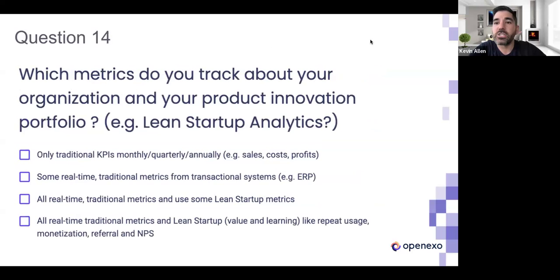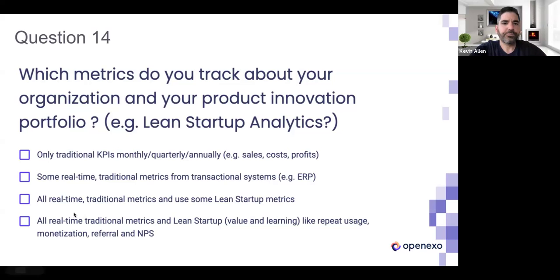We then have question 14, which is which metrics do you track about your organization and your product innovation portfolio? So here, this is really to understand how people are actually tracking, so that you can get an understanding for the dashboard's attributes.